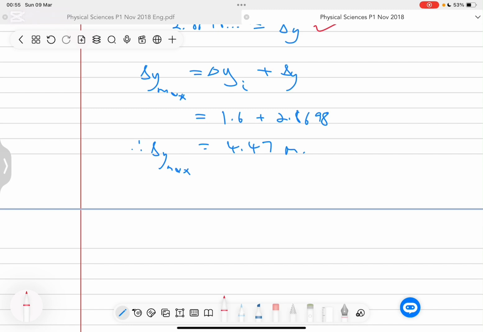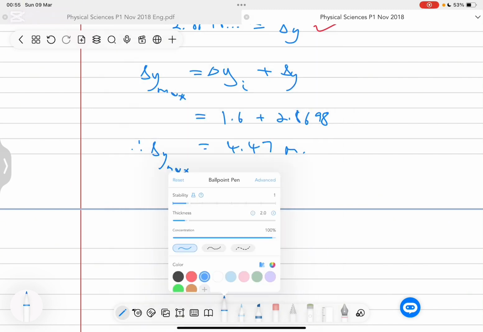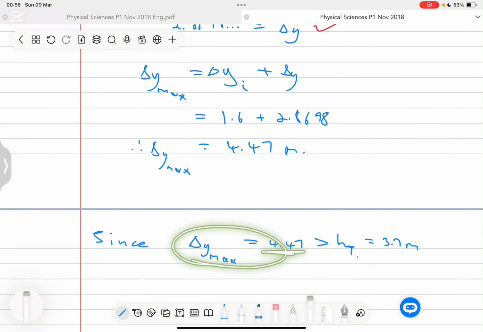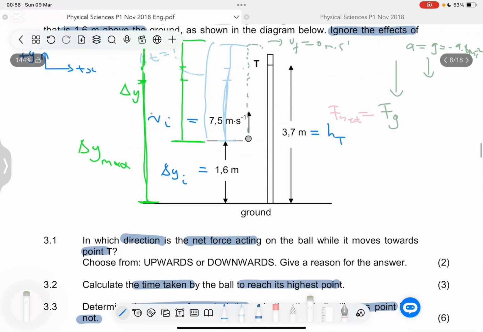So to answer this question, I'm going to say here that since our change in y max, the maximum height that the ball has, is given by 4.47 and is greater than ht, which is 3.7 meters, right? So what am I saying in this statement? I'm saying that our maximum height is 4.47 and is bigger than ht, is bigger than this height.